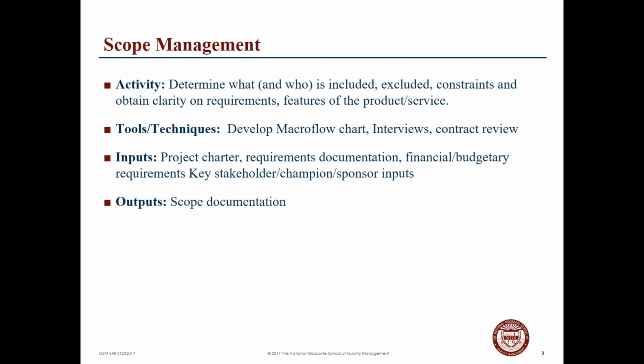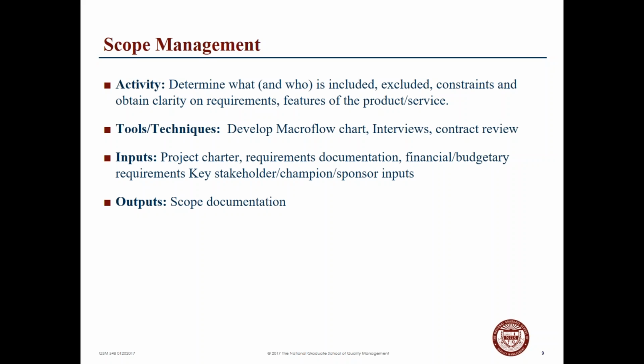So I want to focus in on how you manage scope of a project without allowing it to morph into something that becomes so incredible that it's challenging to manage. Within scope management, you want to determine the what and the who that need to be included, and those whats and whos and other areas that should be excluded from the project.